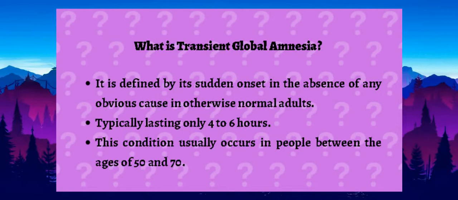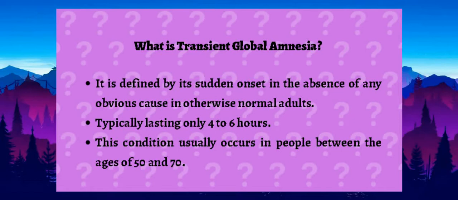Transient global amnesia is a sudden and temporary episode of memory loss that cannot be attributed to a more common neurological condition such as epilepsy or stroke. During an episode, your recall of recent events simply vanishes. You can't remember where you are or how you got there.